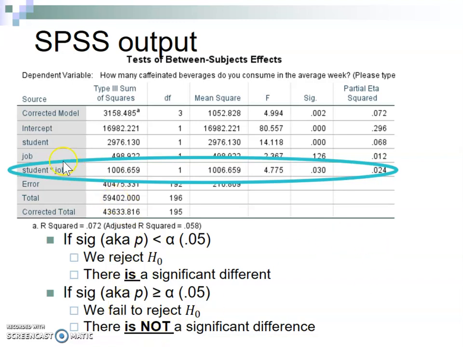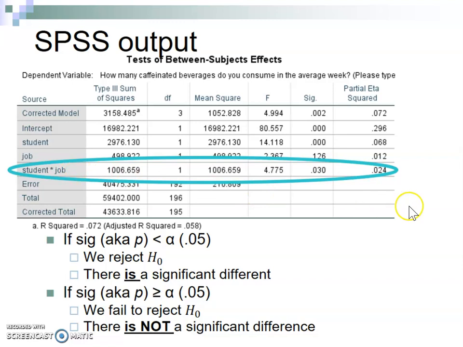If you're working with different output, these might have two different variable names, but the interaction effect is always going to have that asterisk in between your two factors. So it will be whatever times whatever. In this case, it is the interaction between being a student and having a job. So this is the row that we're going to look at for our hypothesis tests regarding the interaction between being a student and having a job.